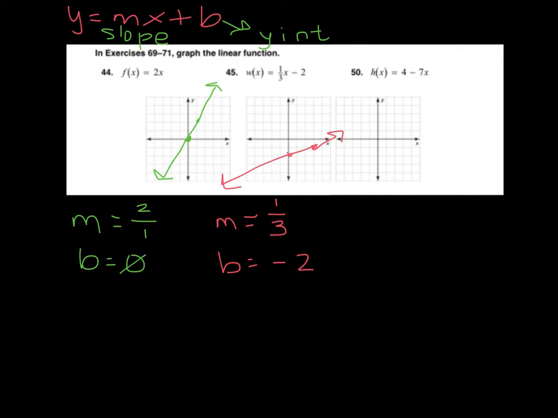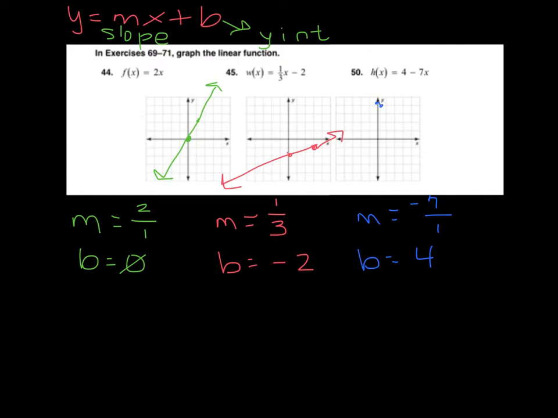Alright, looking at number 50, this one is slightly different because they actually put the constant, which is your y-intercept, first. So remember, your slope is always the coefficient of x. So b in this case is 4. My slope is negative 7. Since that's a whole number, I'm going to also put that over 1. So I'm going to put my first point on 4 on the y-axis.